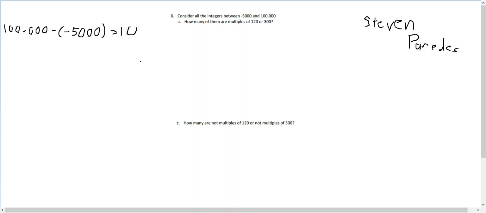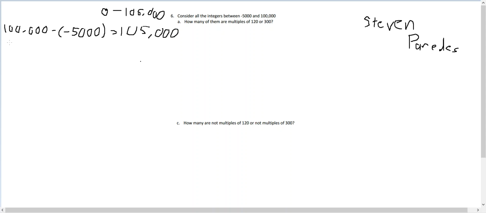So that is equal to 105,000. So now the numbers are from 0 to 105,000. While not completely necessary, this step will simplify most of the math in this.